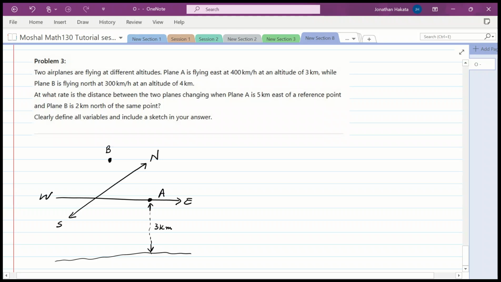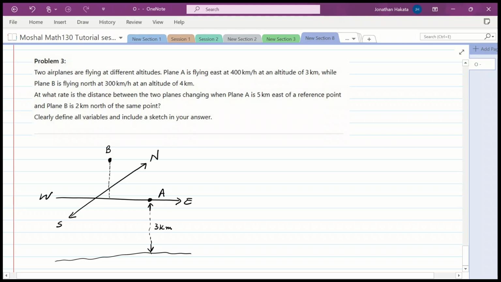I can say this is the position of B, where this height alone is 1 kilometer. Remember, plane B is 4 kilometers in altitude, so I should have 3. Remember this. Otherwise, someone will fight with me.